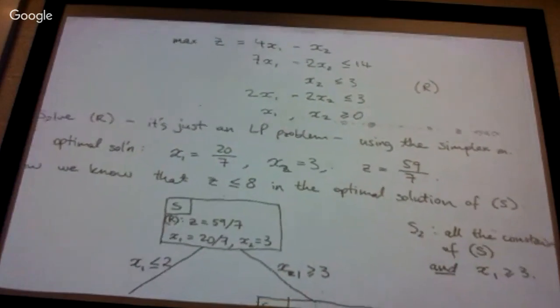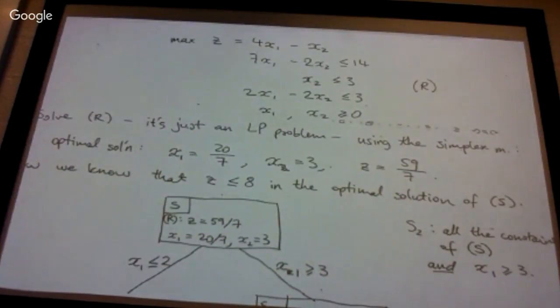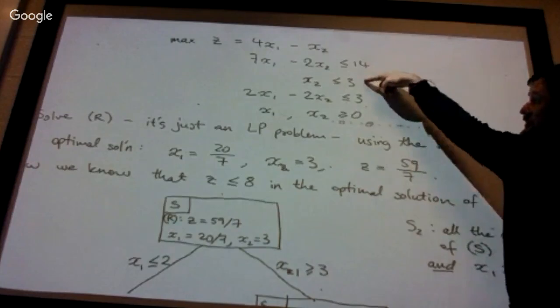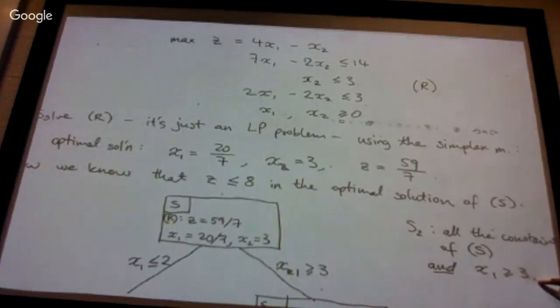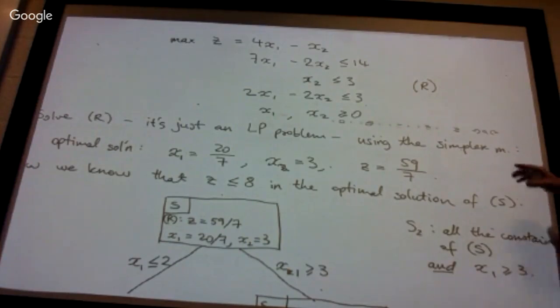Now it turns out that if you try to solve this linear program with the additional constraint that x1 is greater than or equal to 3, you find out that there is no feasible solution. So you have no feasible solution, even ignoring the integer constraints in this case.